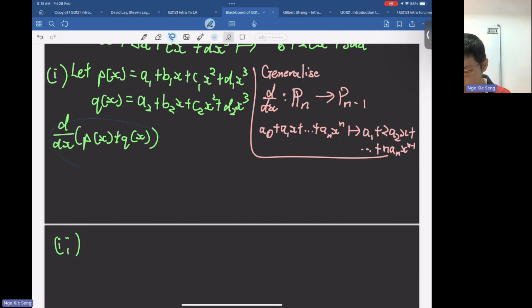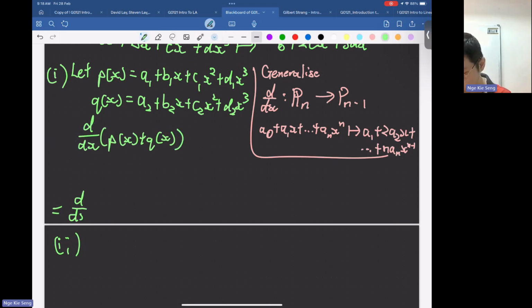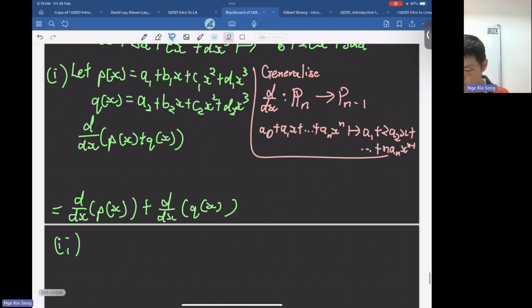Our goal is to show that this is equal to d over dx on p(x) plus d over dx on q(x).